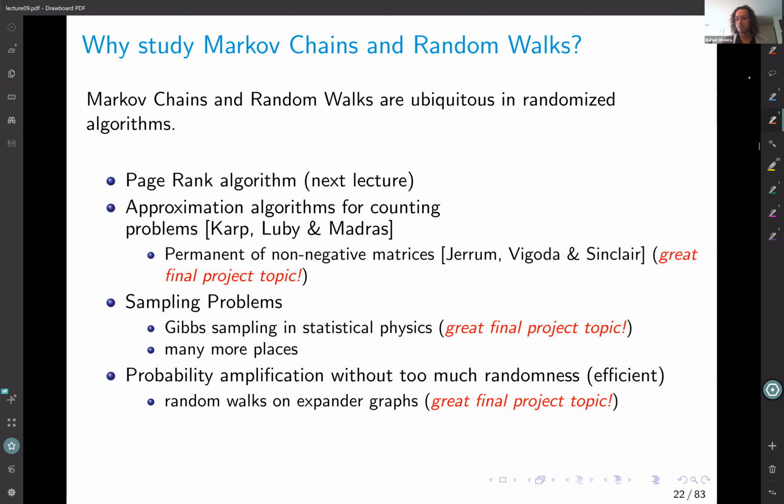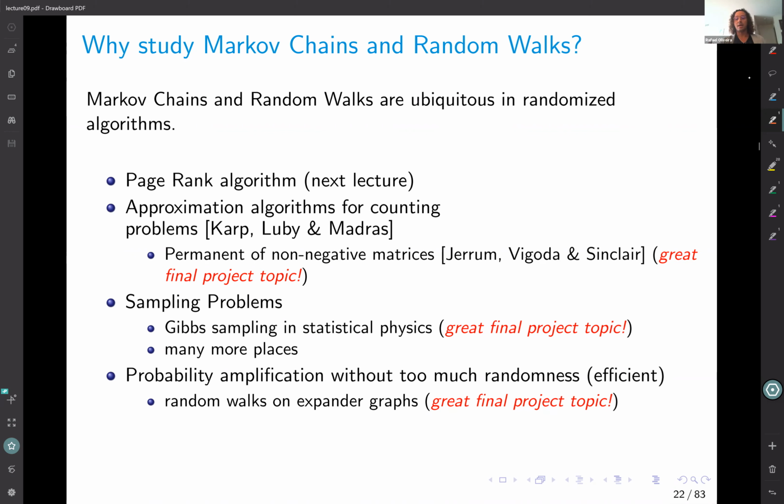But one problem is that we take randomness for granted, when true randomness is quite difficult to generate. Randomness is a scarce resource, so you'd like to do this amplification without using too much randomness, and there's a way of doing it by doing random walks on expander graphs.